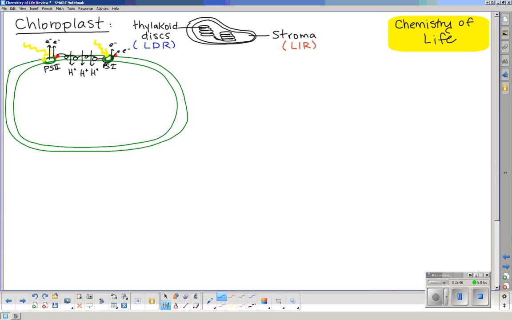But this time they are captured. They're captured on an empty electron carrier molecule, NADP+. This empty electron carrier molecule now is full, and it has reducing power. A full electron carrier molecule is NADPH.